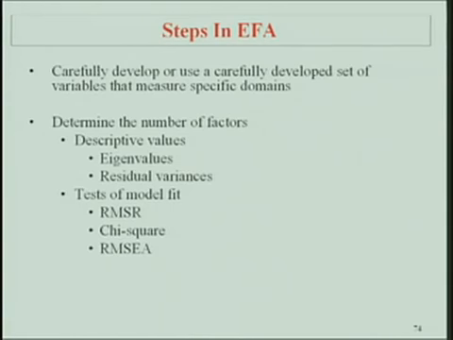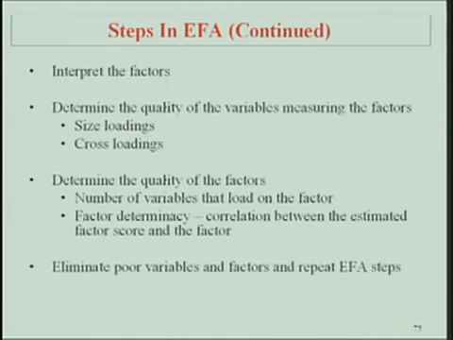So you have a hypothesis going into EFA about what you expect to see. And it's when you don't see what you expect that it helps you understand your data better. So it's extremely important to have good variables. And then after we do that, we determine the number of factors based on all of the measures that I just described to you in the last couple of slides.